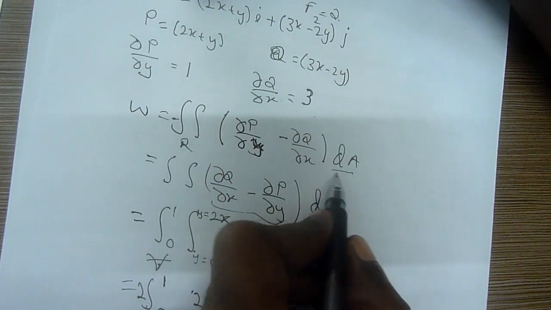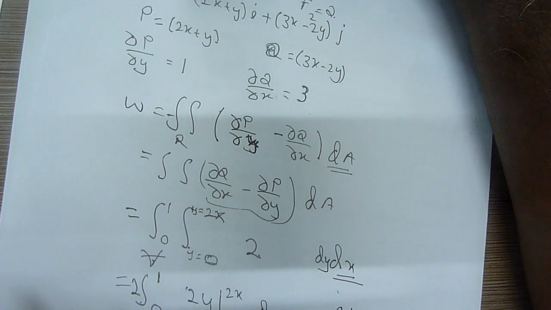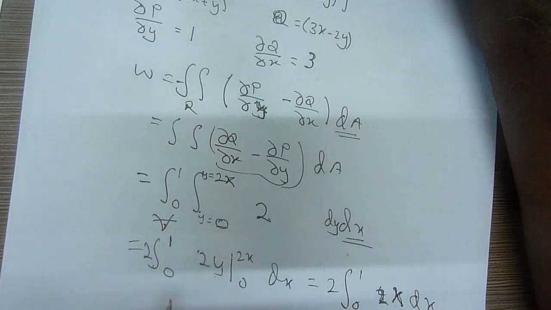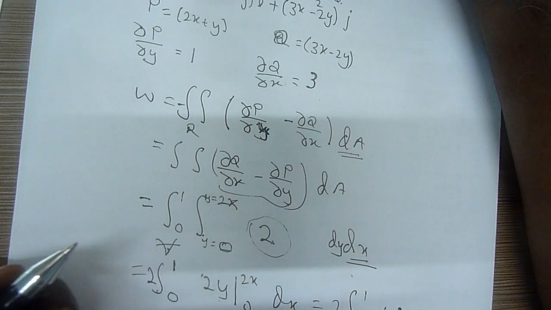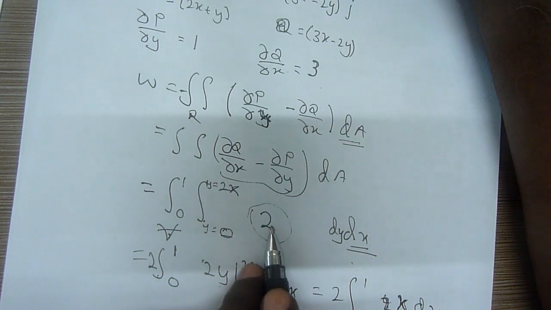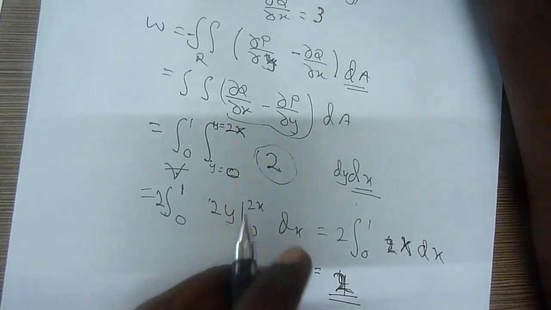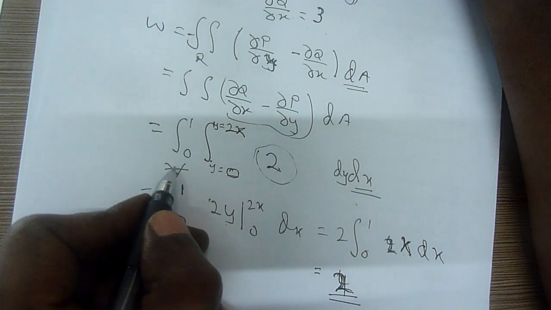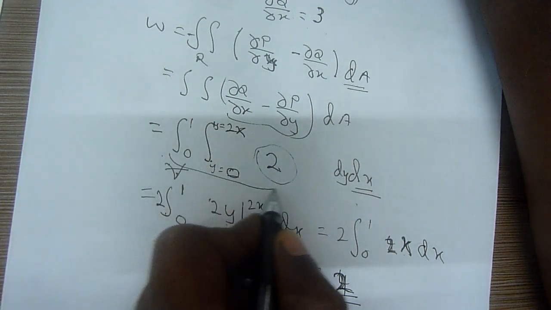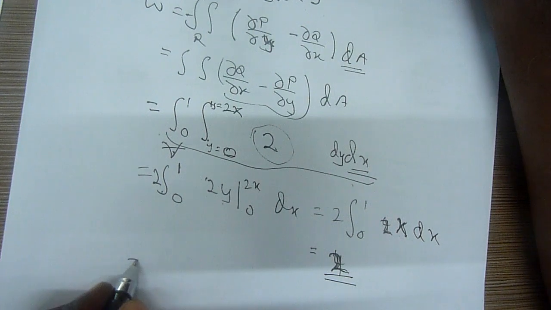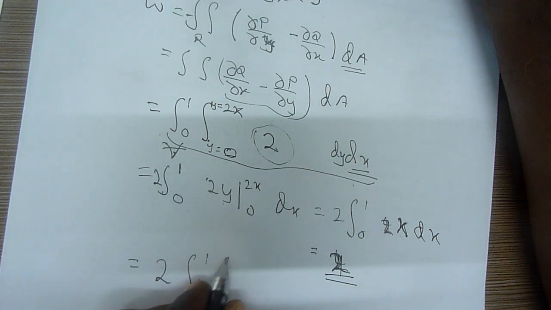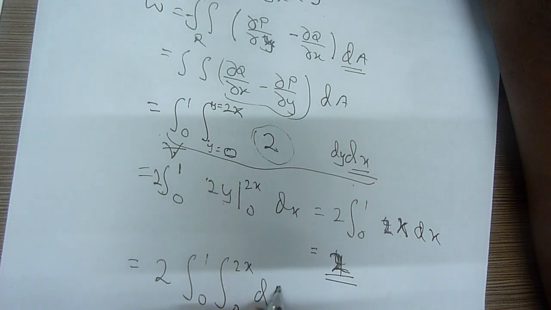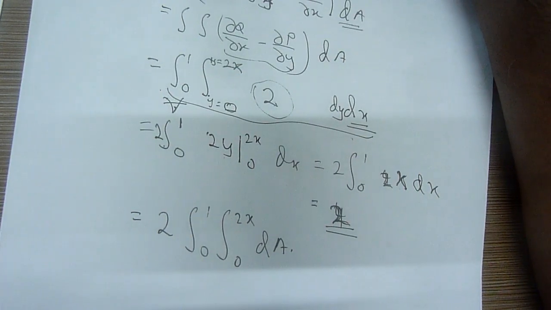Since we wanted to calculate the a, since this is a constant, nothing involved here, when I try to bring this out, look at this portion alone carefully and you will get an interesting point of view. When I take out the 1 to the 0, 2x to the 0, this is a dA, right? Okay, this is a dA.